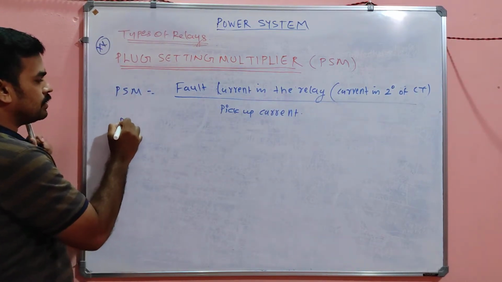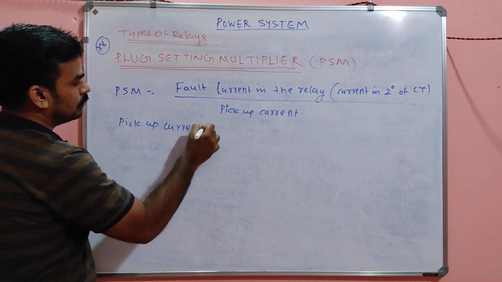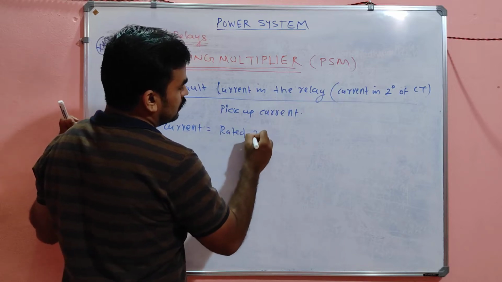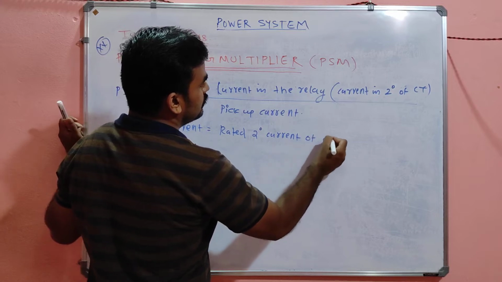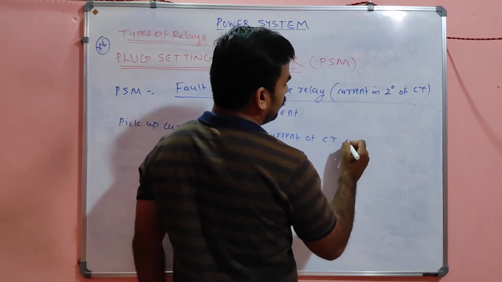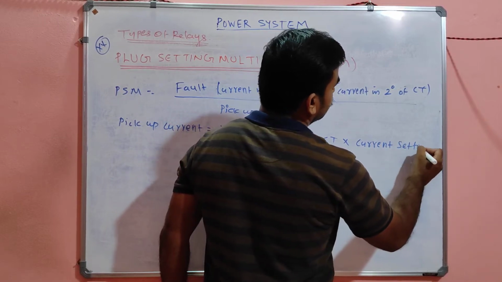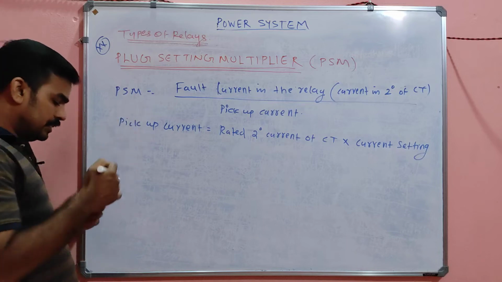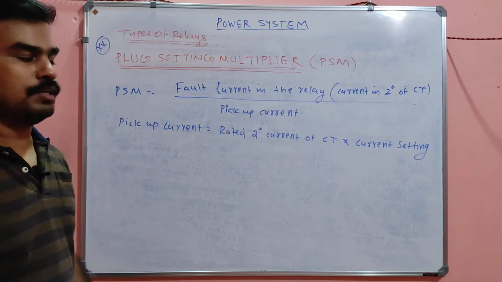And this pickup current is nothing but, my dear, the rated secondary current of the CT into the current setting. I will explain each term and I will do a problem so that this idea will be more clear to you.